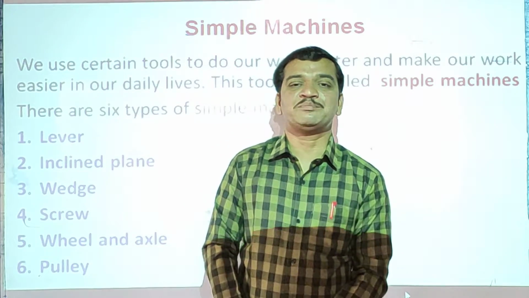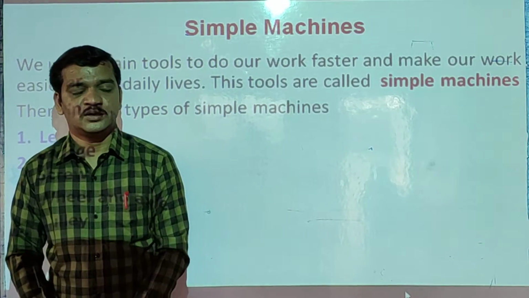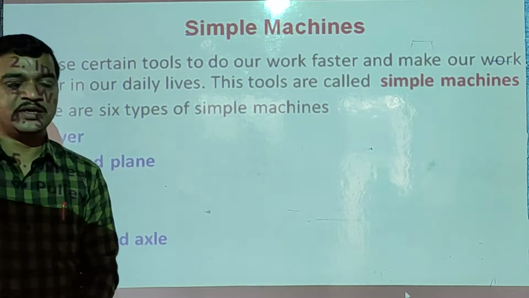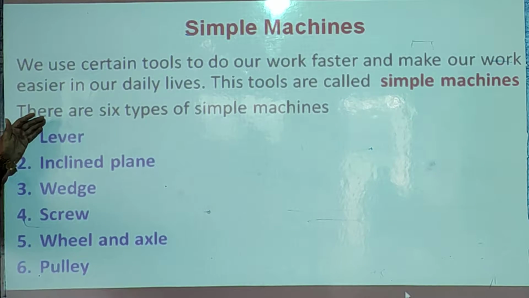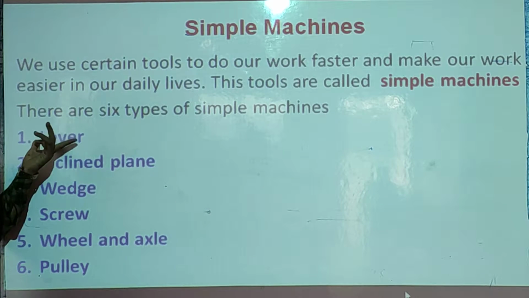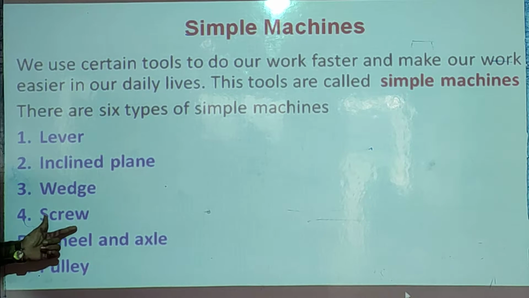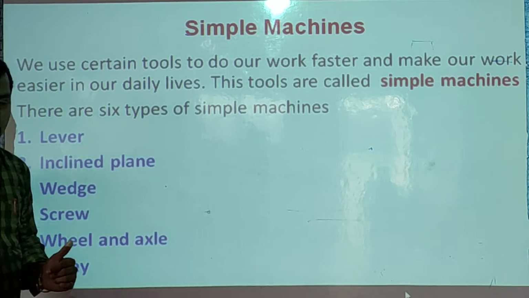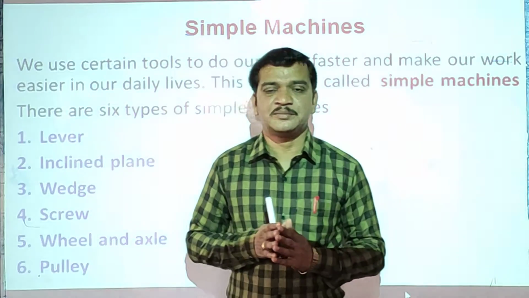So what types of simple machines are there? There are 6 types of simple machines, as we already discussed in our last period. These are the 6 types of simple machines: lever, inclined plane, wedge, screw, wheel and axle, and pulley.